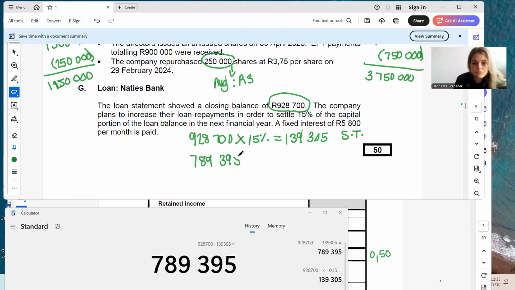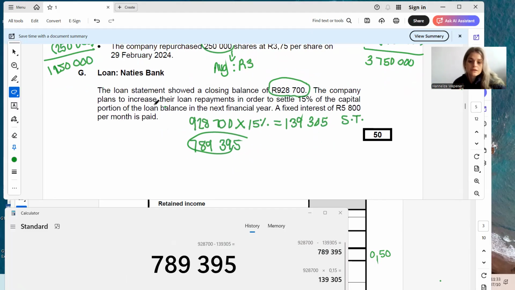So this will be your non-current liability. Then it also says that a fixed interest of 5,800 is paid per month. But remember, you only reclassify the capital portion as current. You do not do it for your interest as well, so ignore. And that was the last one.